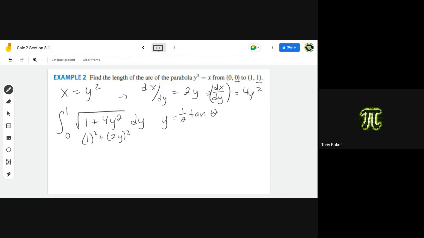All right, so dy is what? What's the derivative of 1/2 tangent theta? That's secant squared.